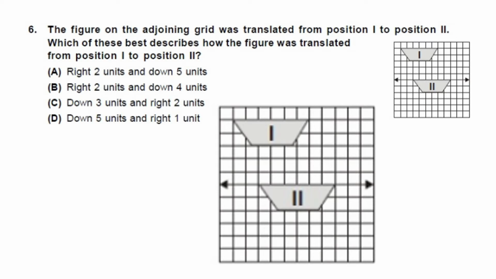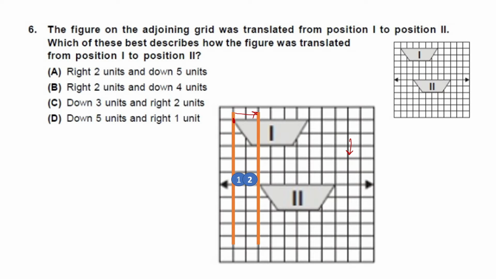Well, all you need to do is start from the first position and move it towards the right and then move it downwards. So let's see how we do it. Now from this edge, if we start, that is this line, the final point that it lands is here, which is 2 units.